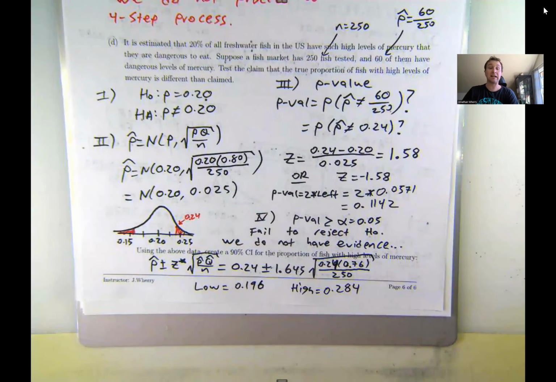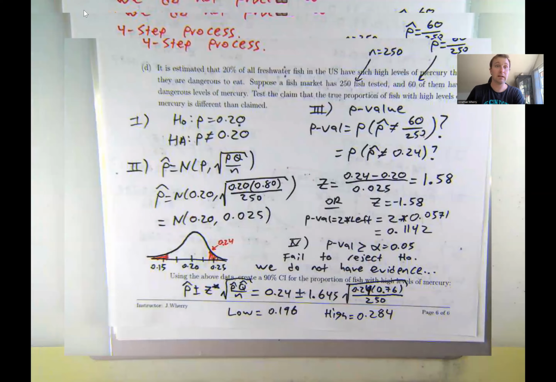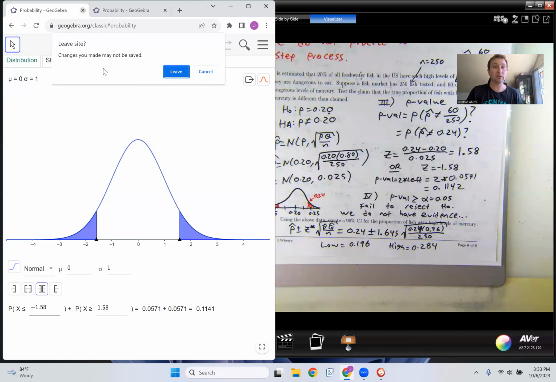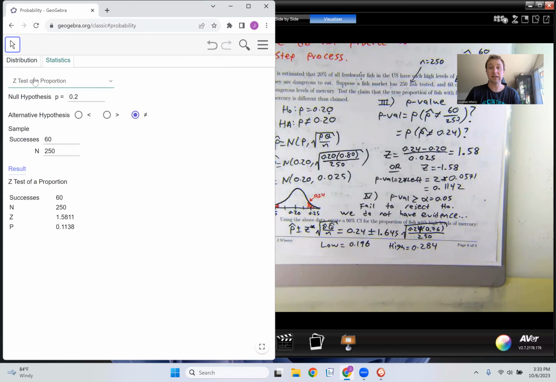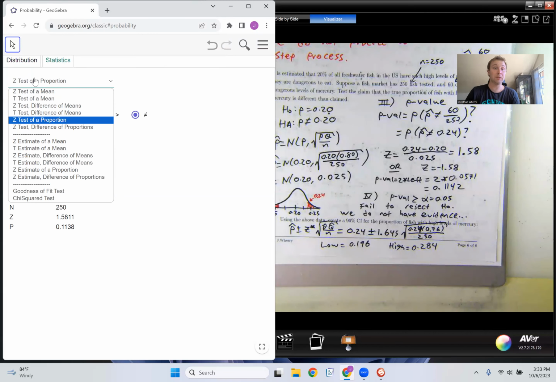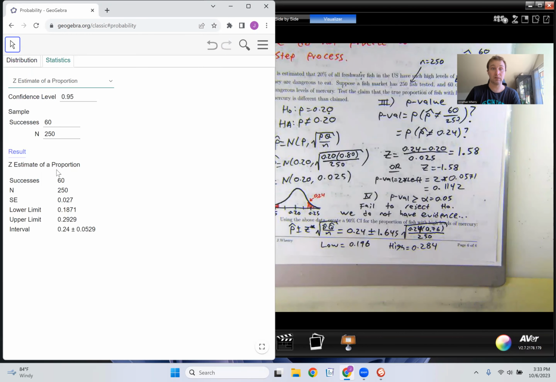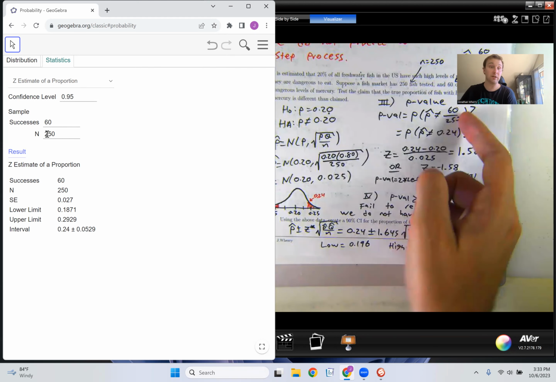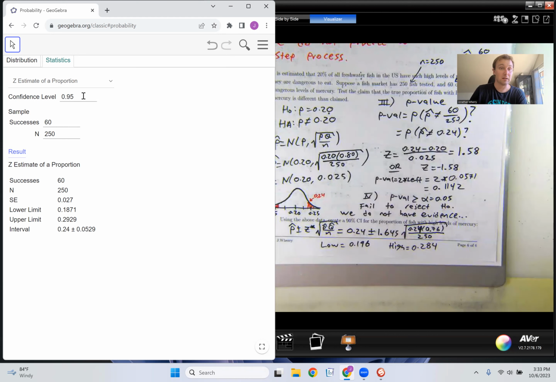If I want to check that inside of GeoGebra, inside of your probability calculator for statistics, instead of doing a test, you would be doing an estimate. Confidence level. You may notice it automatically assumes you want to do these things together, so it dropped in the 60 and 250 for me. That is my sample success rate. My confidence level should be 90%.